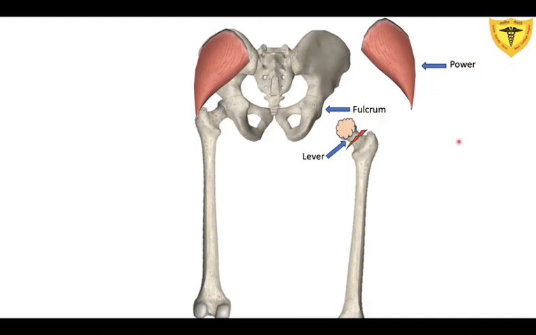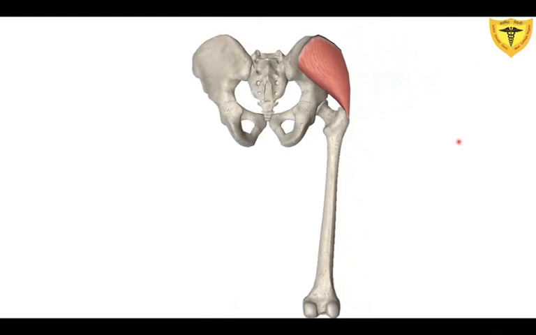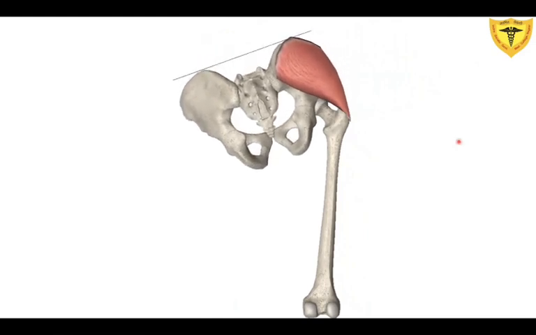In any of these conditions, when the person stands on the affected side, pelvis on the unsupported or normal side will drop downwards. This sagging down of pelvis on the unsupported side is called as positive Trendelenburg sign.